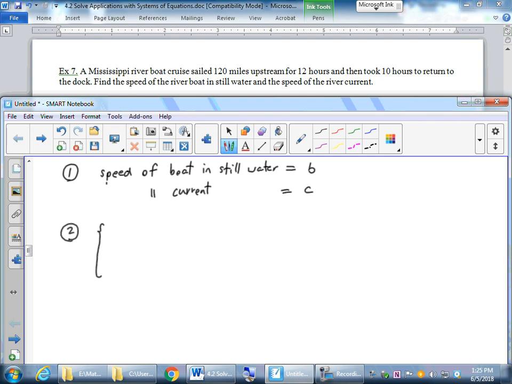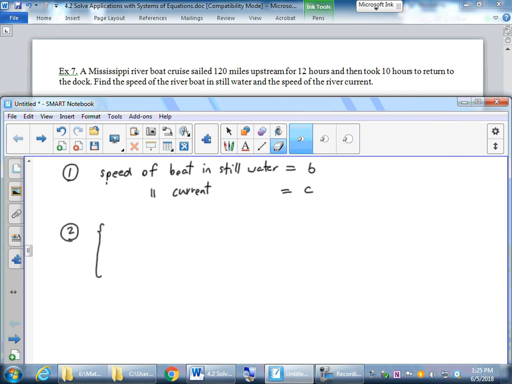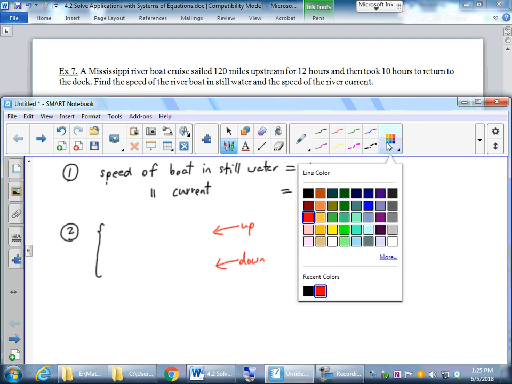One of them is going upstream and one of them is going downstream, because returning back is downstream. So we have two cases: I will look at the upstream case and then the downstream case.